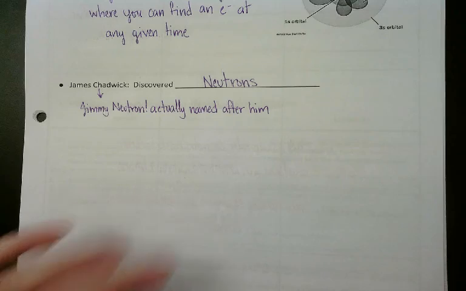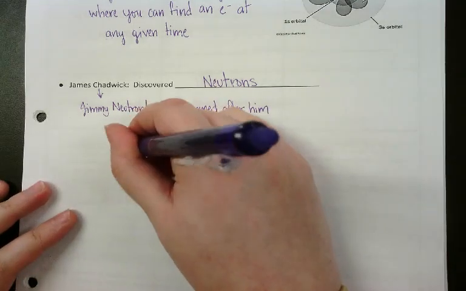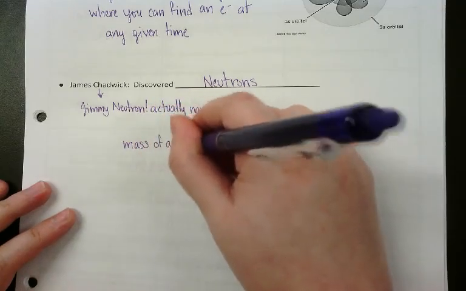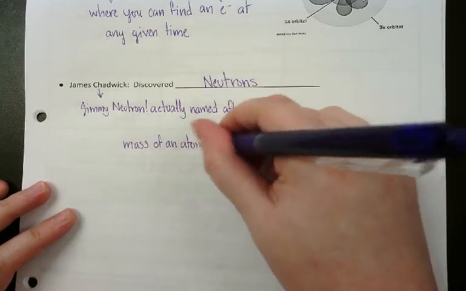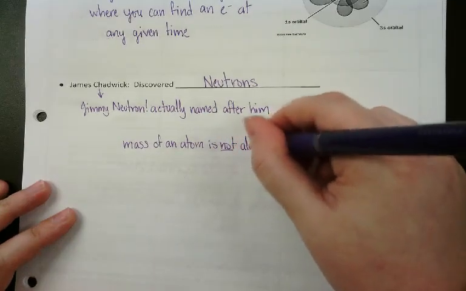Okay. Now, Chadwick discovered neutrons, and along with his discovery came essentially two statements that he came up with, and one new discovery of a thing. So he figured out that the mass of an atom is not always the same.